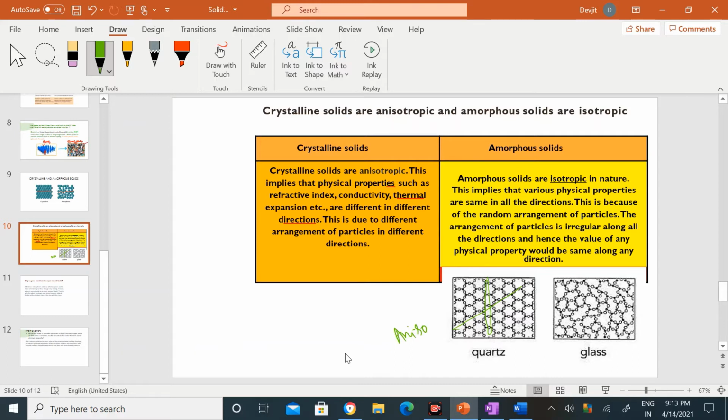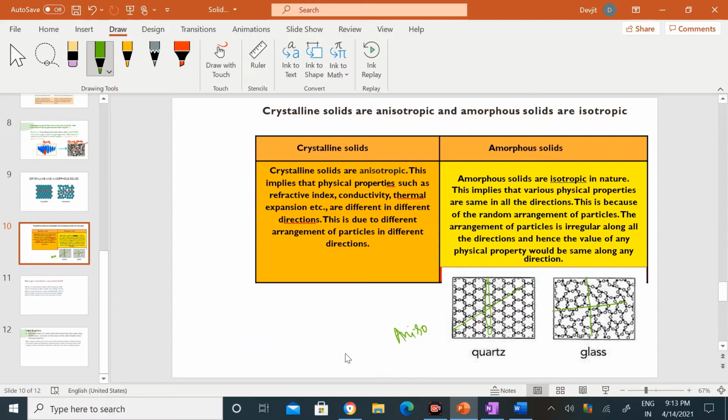Whereas in glass, which is amorphous, the disorder or randomness is everywhere. So if I go vertically or if I go diagonally, it doesn't matter because the disorder is everywhere the same. So properties will be the same. When properties are the same wherever I am navigating in the solid, it is called isotropic.